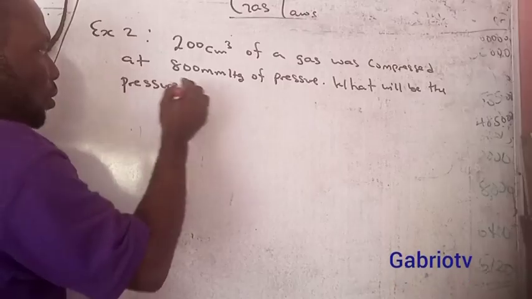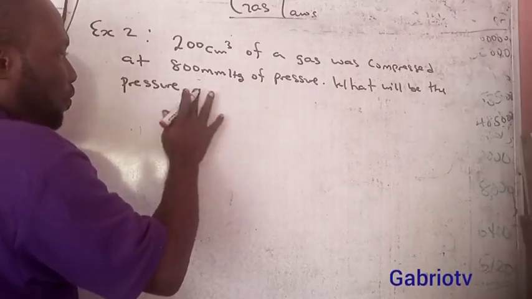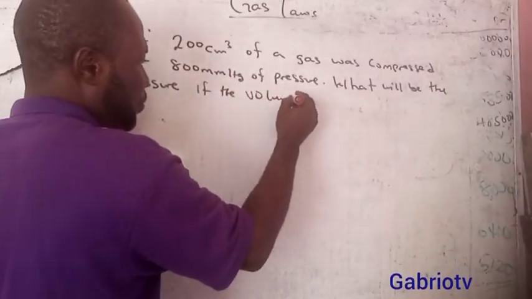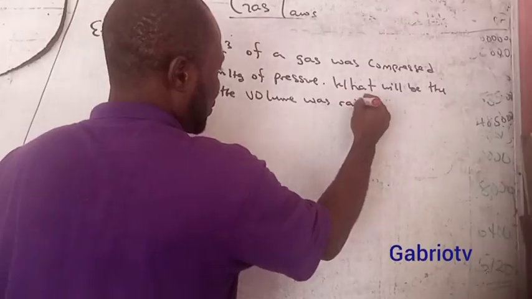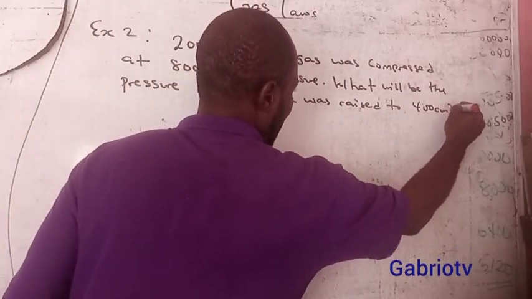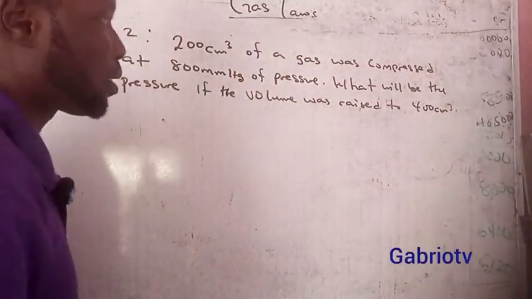What will be the pressure if the volume was raised to 400 cm3?